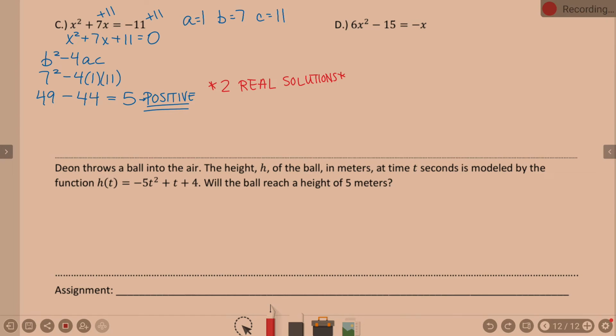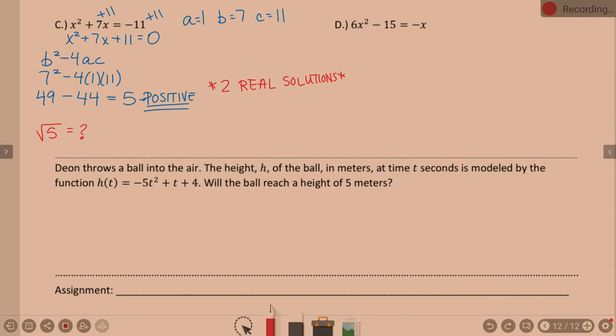In order to determine rational or irrational, look at your discriminant. If I took the square root of 5, is the square root of 5 rational or irrational? Is the square root of 5 going to be a number that I can then turn into a fraction? Or is it going to be a big, long, messy decimal like pi? And here's the deal.